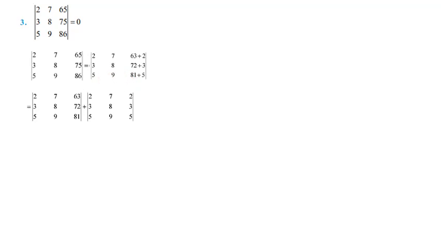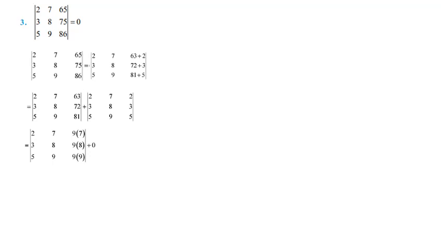First column 2, 3, 5 same, 7, 8, 9 also same, and 63, 72, 81 will come as the third column of the first determinant, plus the second determinant: 2, 3, 5, 7, 8, 9, and this 2, 3, 5 will come in the third column here.